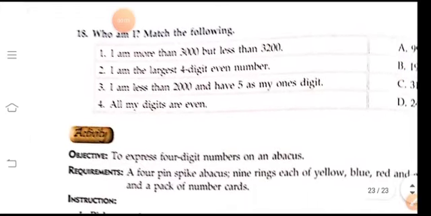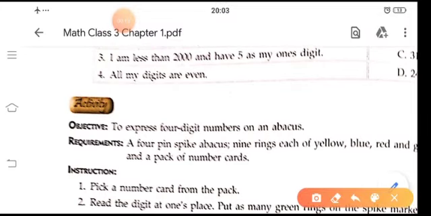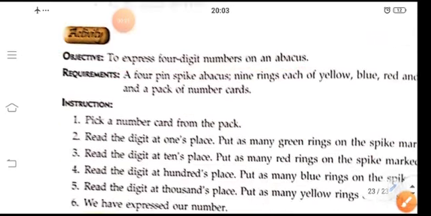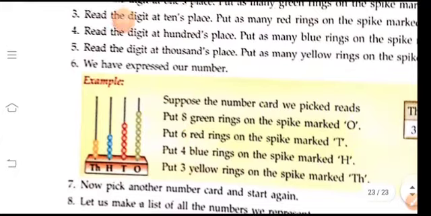Then there is an activity over here, children, to express the 4-digit numbers on an abacus. You know how to write the numbers on the abacus scale, children. So do all this activity and your exercise in your copy.